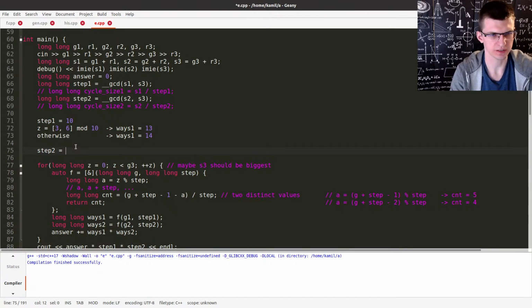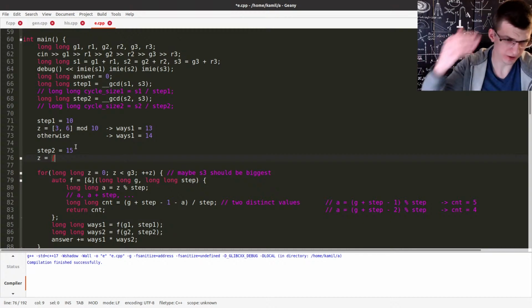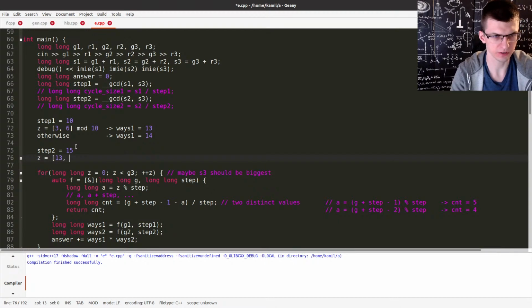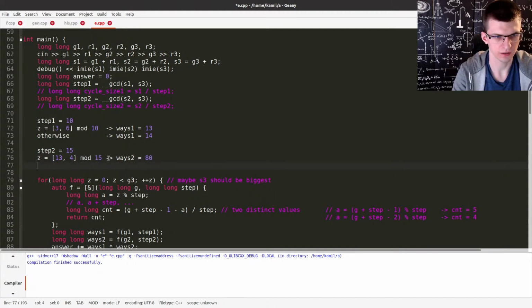But let's say for now that step 2 is 15. I will have something like that. If Z is in range, it can wrap around 15. So let's say from 13 to 4, modulo 15. This means 13, 14, or 0, 1, 2, 3, 4. Then ways 2 is 80.